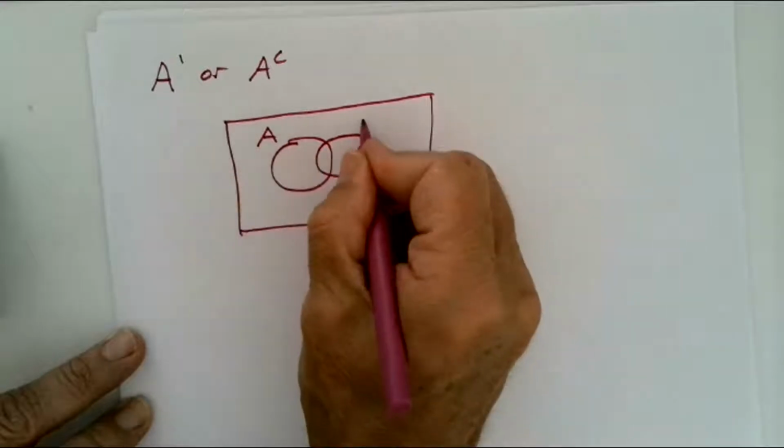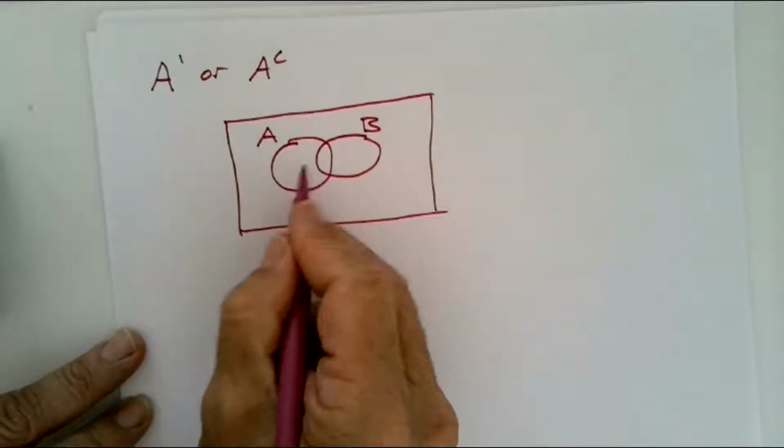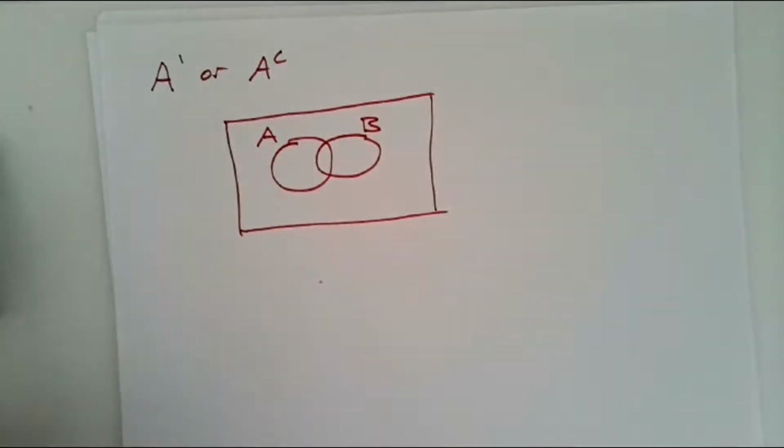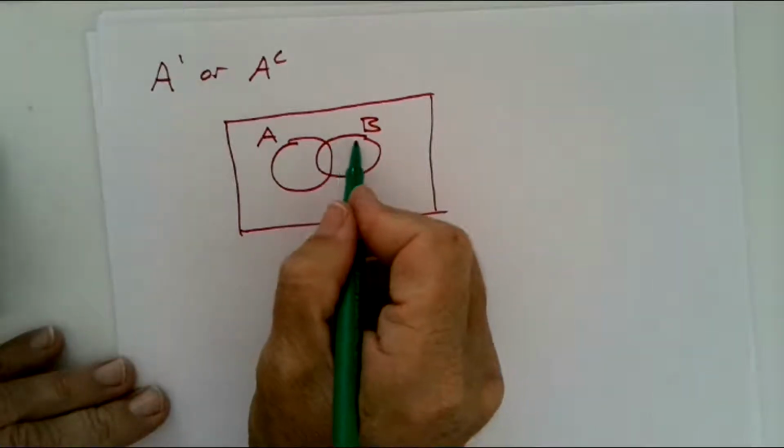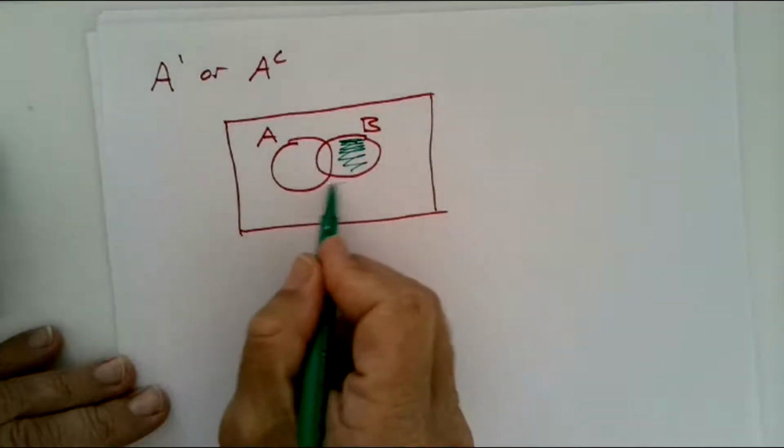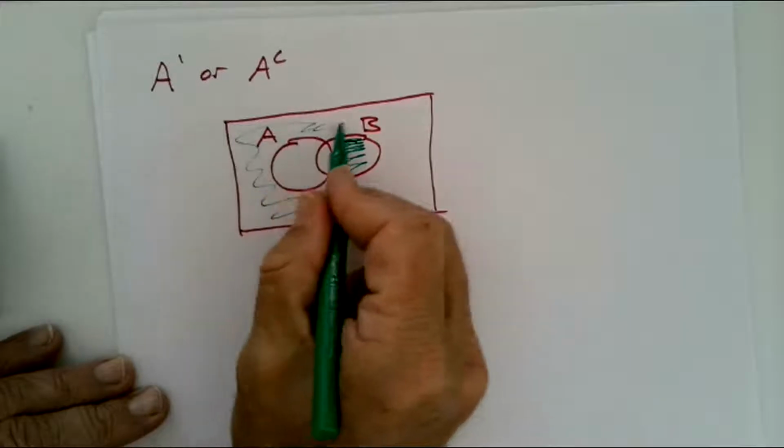So this is A, this is B. Region 1 and region 2 are in A, so the stuff that's not in A would be what? Would be here. That's not in A, and here, outer space.